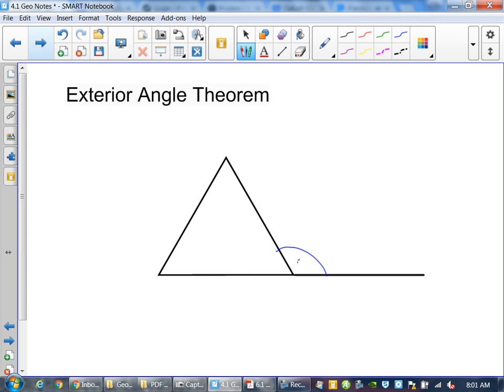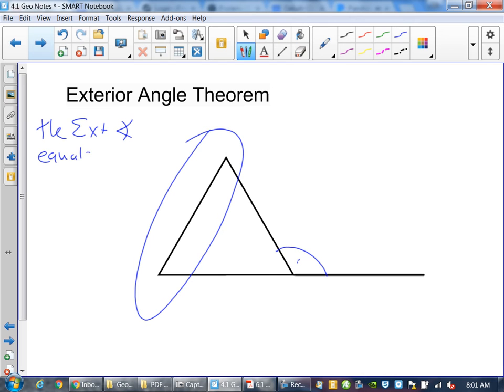The exterior angle is equal to the sum of the two angles it doesn't touch. The exterior angle equals the sum of the two angles it does not touch.